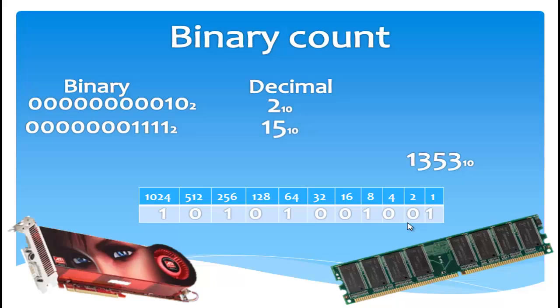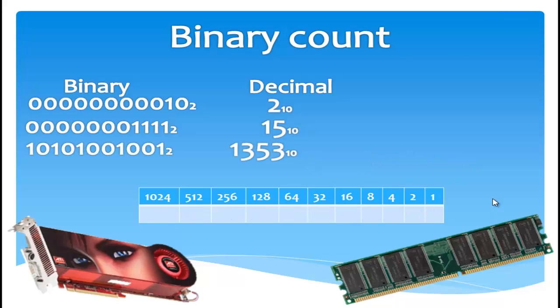All that added together: 1024 plus 256 is 1,280, and 64, 8, and 1 gives you 1,353. Okay, so that's how you represent numbers in binary.